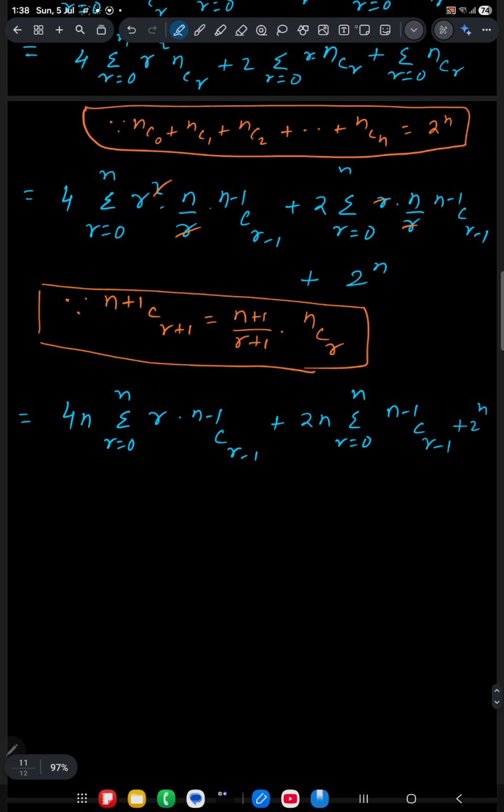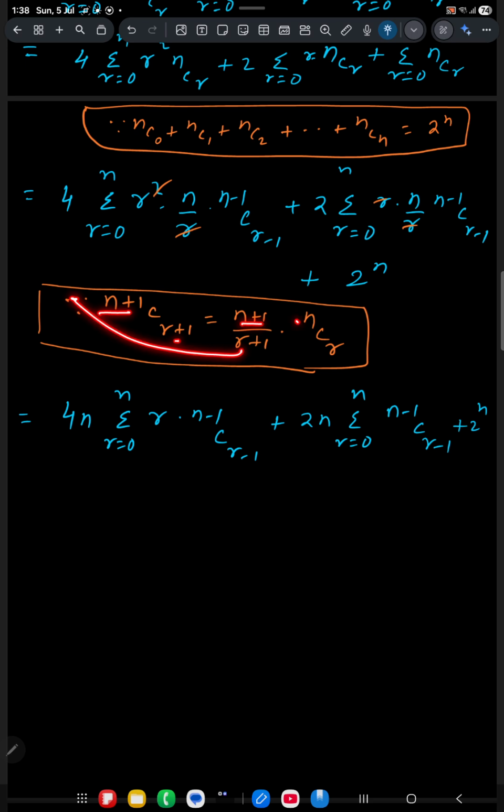Now at this point, r, I will write r minus 1 plus 1, so that (n minus 1)C(r minus 1) can be reduced with one more formula like this. Suppose this r plus 1 goes there, and then (n plus 1)C(r plus 1) is what?